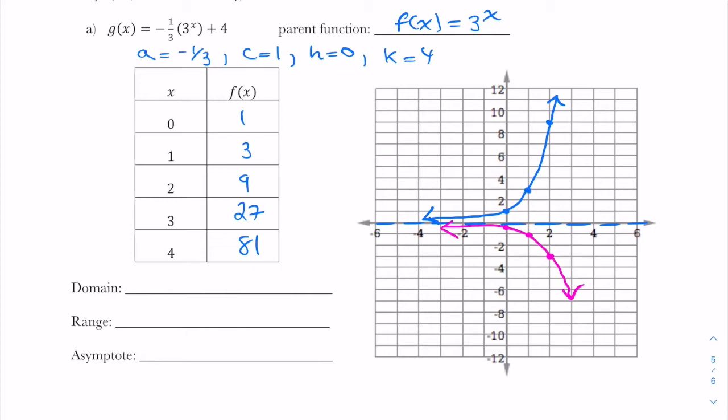Convince yourself that this is a graph that has been vertically reflected and vertically compressed by a factor of a third. Finally, we have to perform the translations, so we just essentially take all of our coordinates and move them 4 units up. This can be done on the graph.